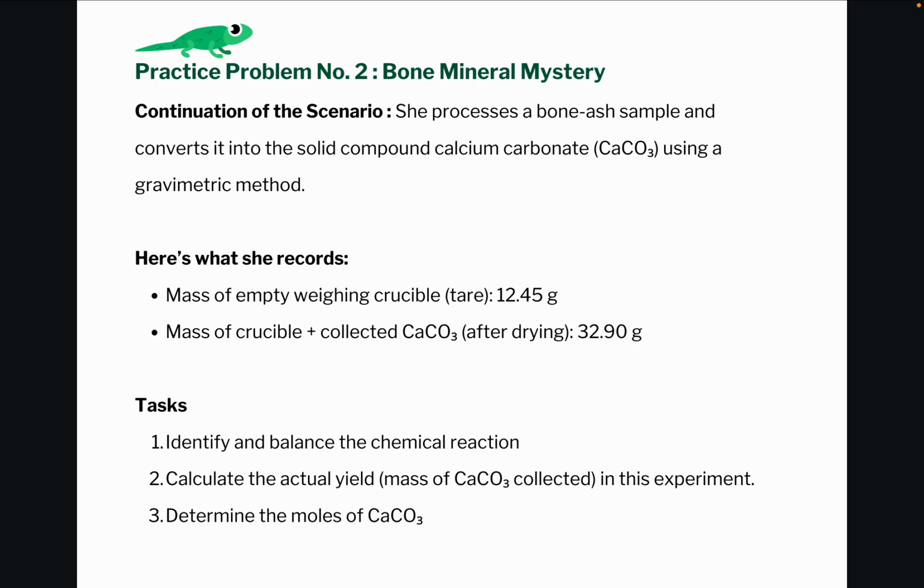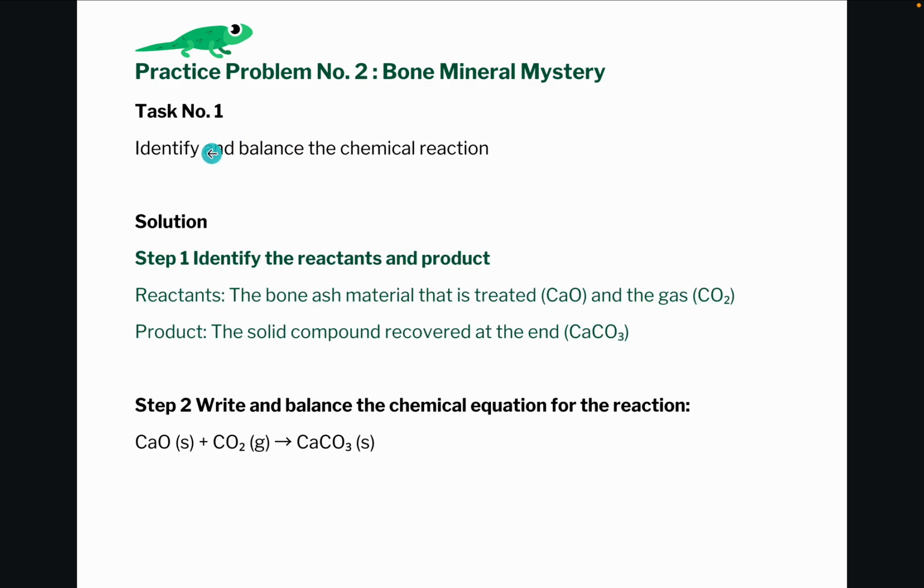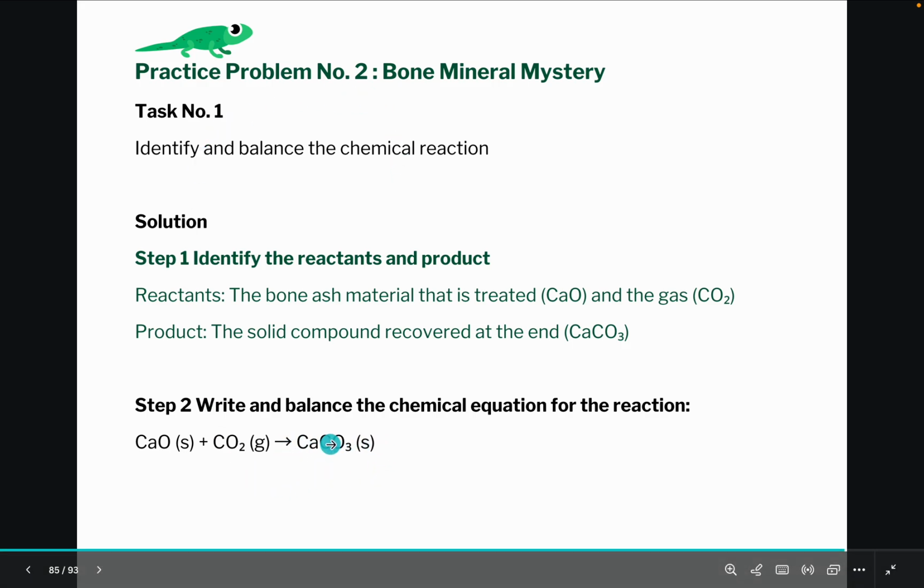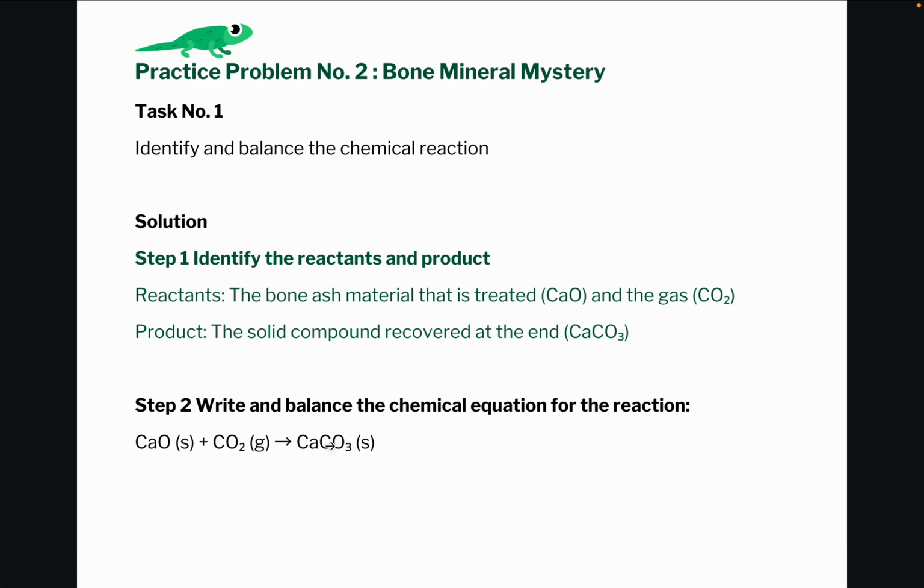Here we can see in the balanced chemical reaction that the calcium carbonate is precipitated differently in comparison to our earlier example. We identify the reactants and products first. The reactants are the bone ash material, calcium oxide, treated with a gas, carbon dioxide.